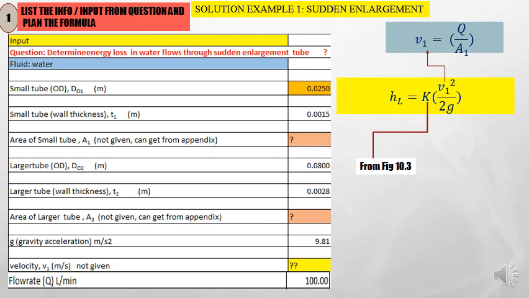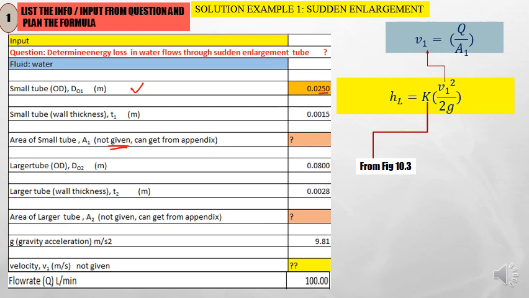So let's see what information we have. The question tells us that the outside diameter DO1 is 0.025 meter and the thickness is 0.0015, and the area is not given, but we can get it from appendix G2, because the pipe is made from copper tube.